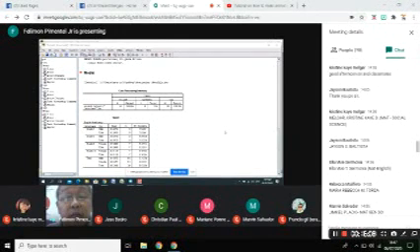Now, for the t-test for dependent samples or the paired t-test, the counterpart in the non-parametric analysis is the Wilcoxon signed ranks test. That is the counterpart of the paired t-test.